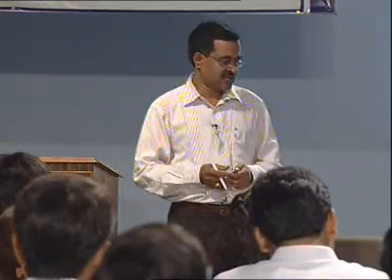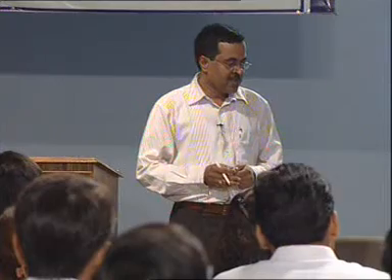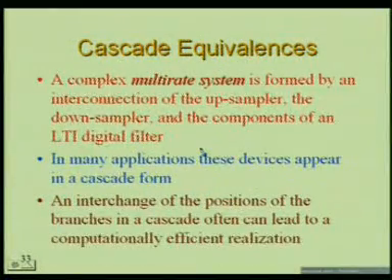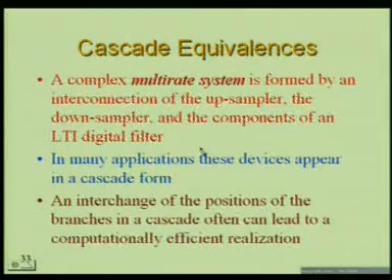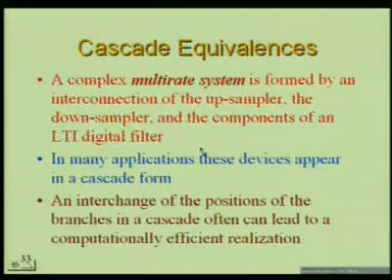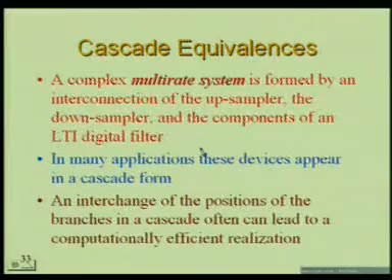A complex multi-rate system is formed by an interconnection of the upsampler, the downsampler and the components of an LTI digital filter. What is an LTI digital filter? Linear time invariant digital filter.